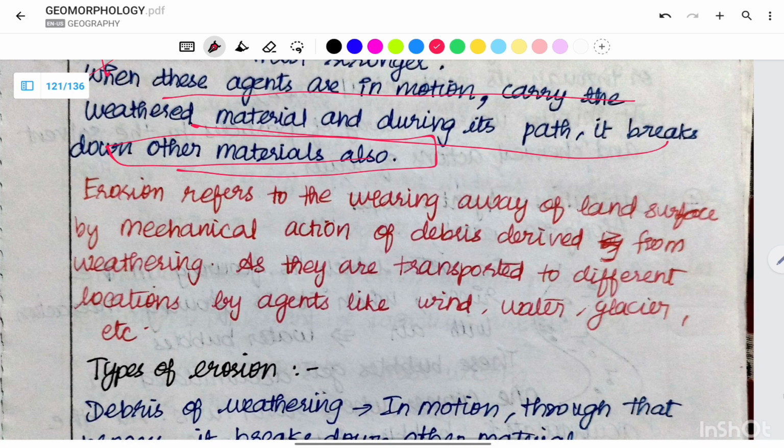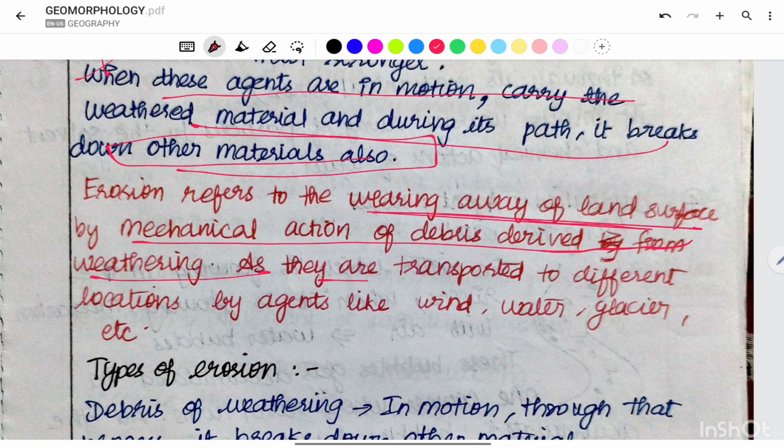Erosion refers to the wearing away of the land surface by mechanical action of the debris derived from weathering. First we need weathering, and when the material is transported, wearing also takes place as it is carried to different locations by agents like wind, water, glacier, etc.